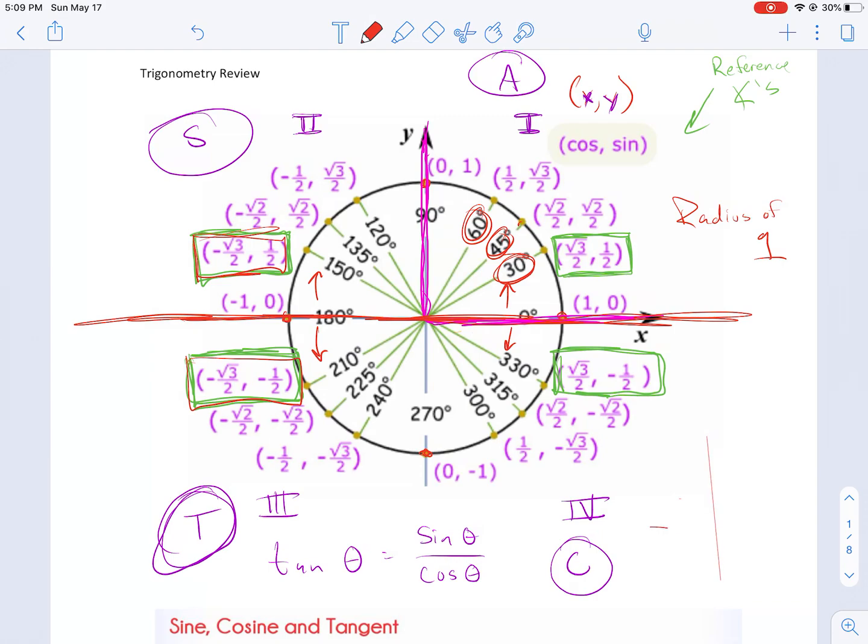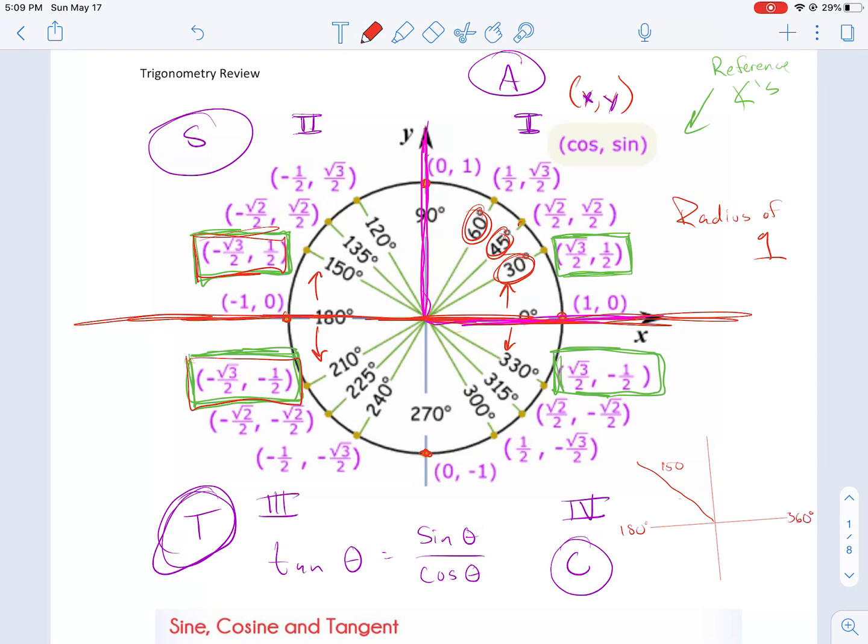Let me draw that down there again. Here's 150. Pretend that we don't know 30 is our reference angle for 150. In order to find that, this is 180 degrees, and this is 360 degrees.